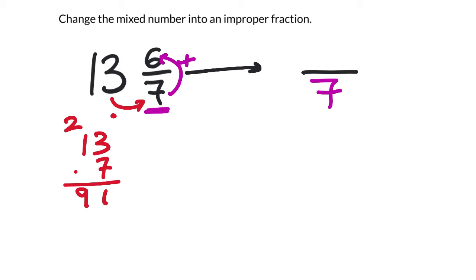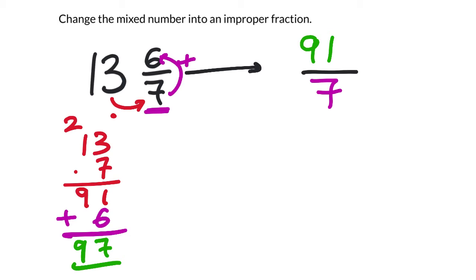So 91, that's our product, plus the 6 numerator, and this sum will give us the new numerator. So 1 plus 6 is 7. I'll drop the 9 to make that 97. This is the numerator of the improper fraction. So 97/7 is the same as 13 and 6/7, just as an improper fraction, that's all. And again, it is possible to go both ways, so some people prefer to see both arrows, but either way.